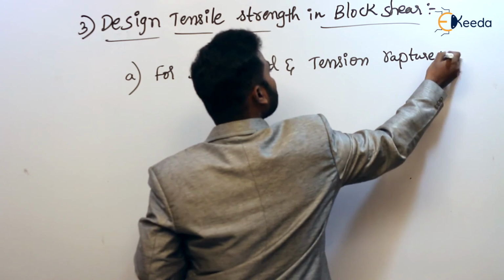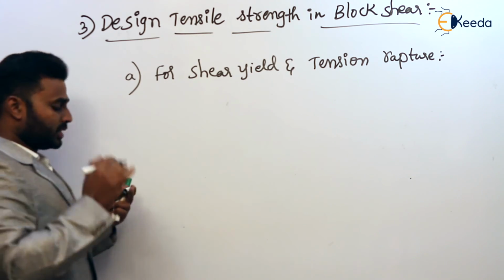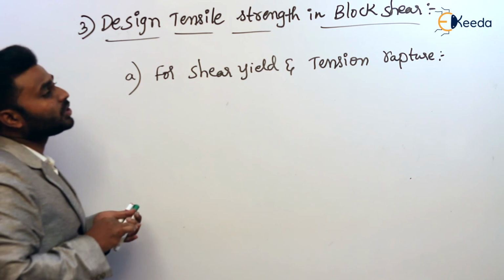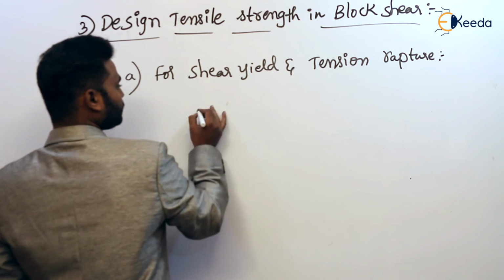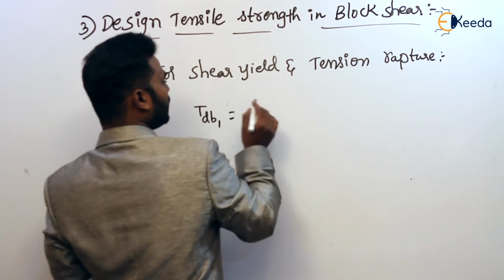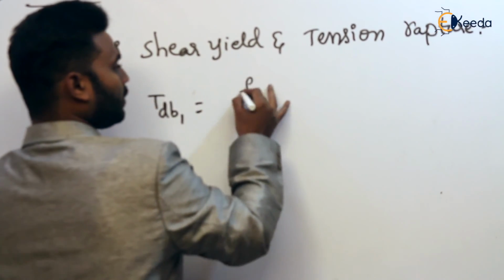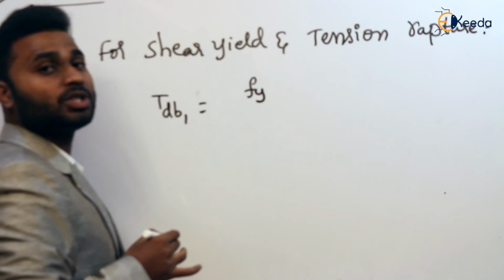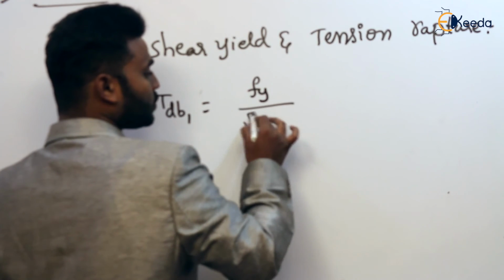We know that yielding is not breaking, it is not dividing into pieces. So in shear it is going to yield, but in tension it is going to rupture. In shear yield, whenever yielding is there, we have to use yield stress Fy, and the factor of safety to be used is 1.1. As it's a shear, we have to use an additional factor, that is √3.